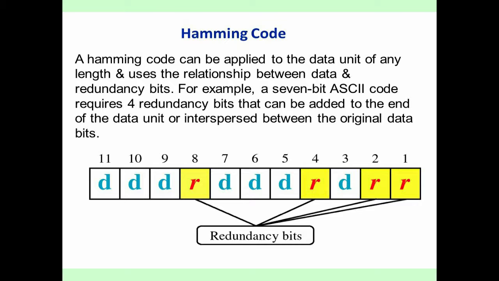Third one, when n is equal to 2, 2 to the power of 2 is 4, at position 4. 2 to the power of 3 is 8, at position 8. So these 4 are redundancy bits added to the actual message, and all remaining are represented by D, depicting that they are data bits.